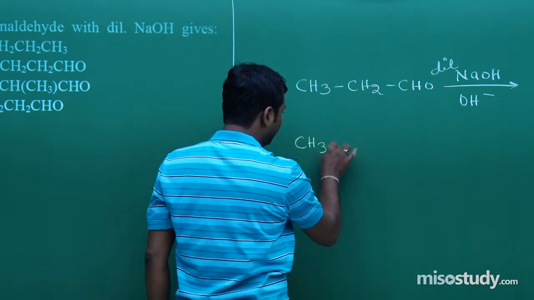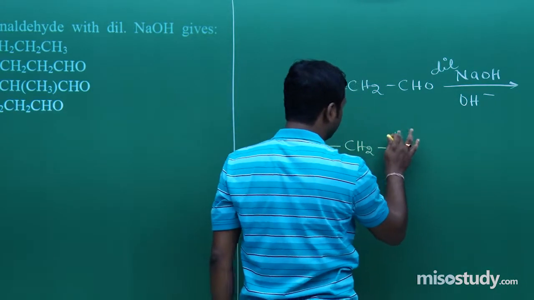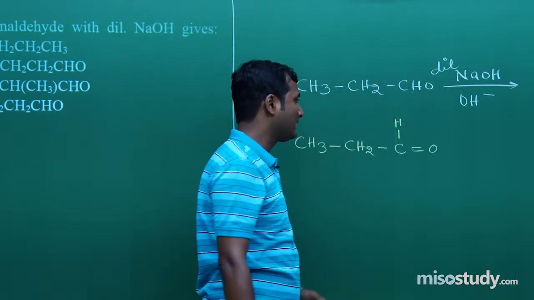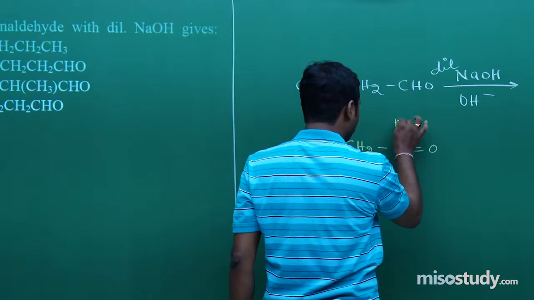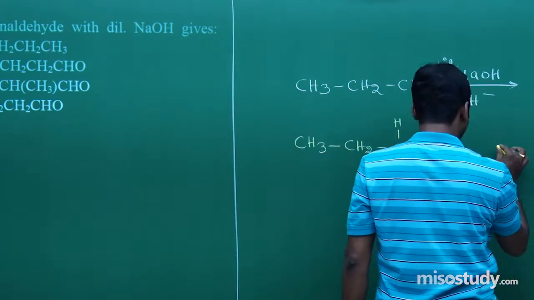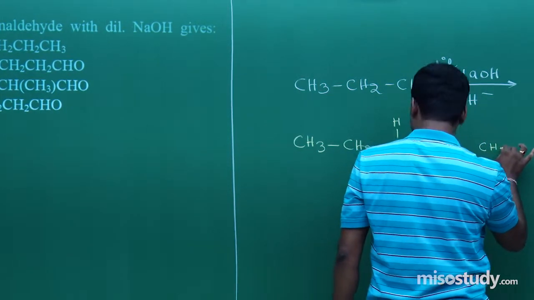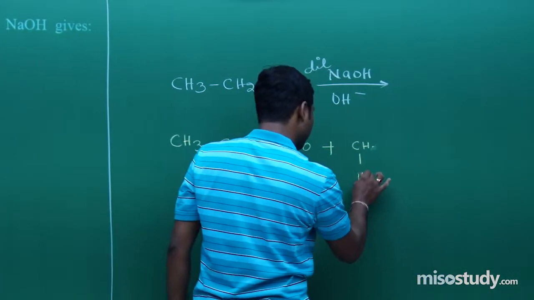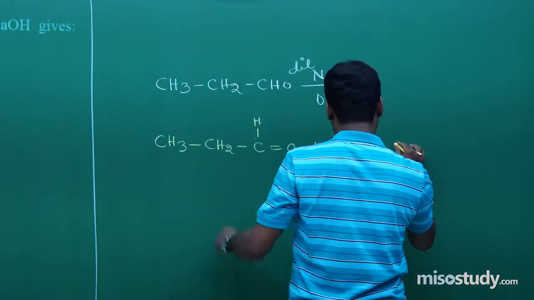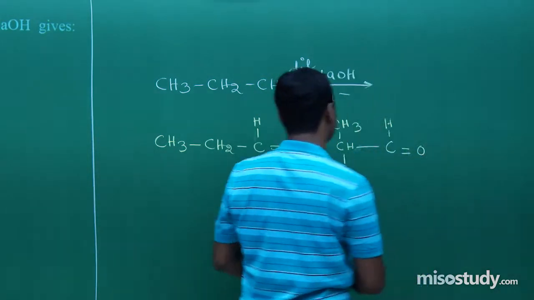It can be written like this: CH3 CH2 C double bond OH. If I take another mole, what will happen? Plus, it can be written like this: CH3 CH2 CH2, then CH3, then CH double bond O. This is the component.